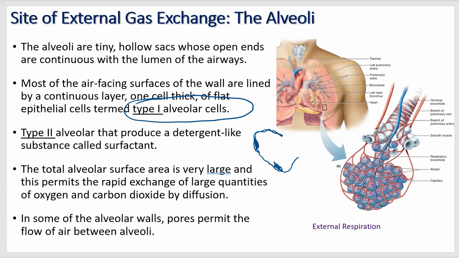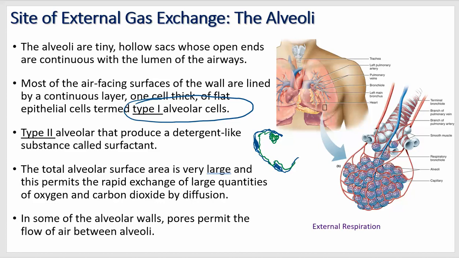And then there are type 2 alveolar cells that are also found in there, but these are making surfactant. So they're their own cell, and they're making something called surfactant, which we'll talk about. Okay. So they're making surfactant that's going to coat the inside of the alveolus.